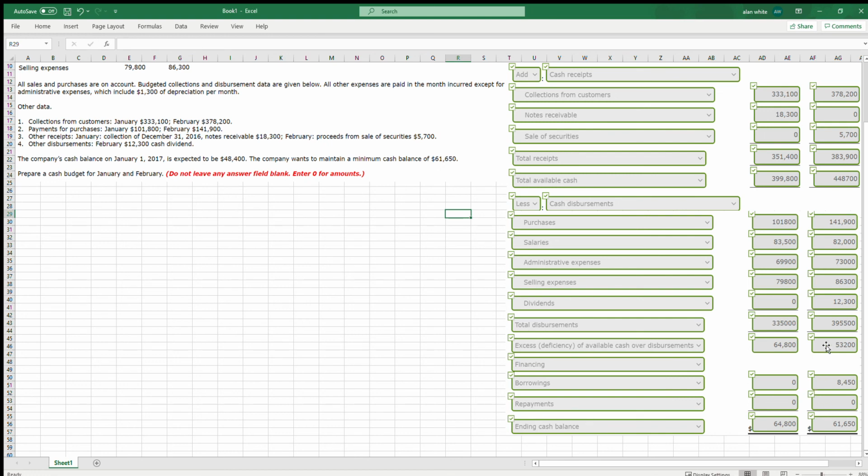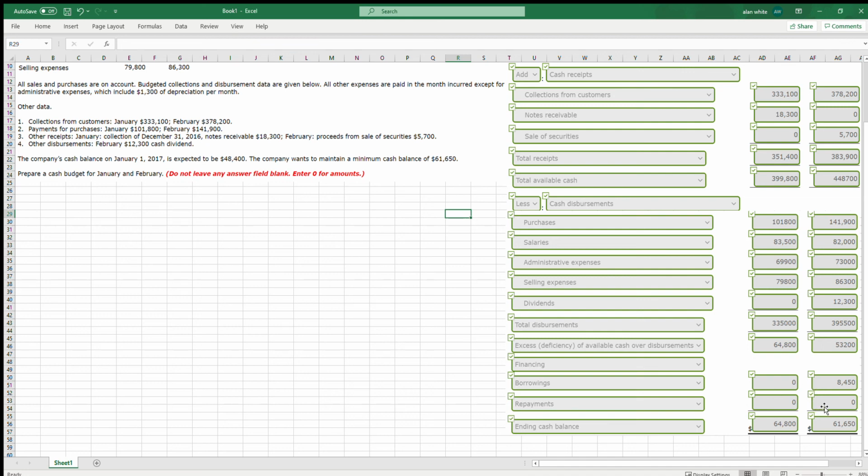And so the way that we solve that for borrowings is we take $61,650, the minimum cash balance, and we subtract our excess available cash over disbursements. And we see that our corporation here will need to borrow $8,450 in order to reach its minimum cash balance.